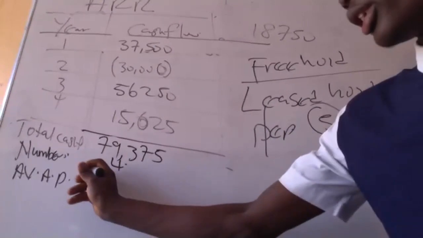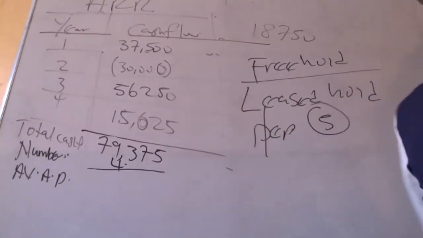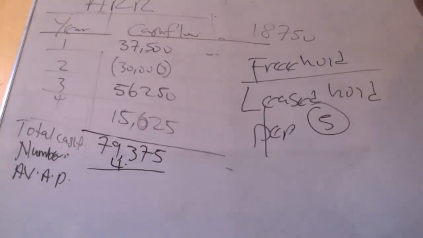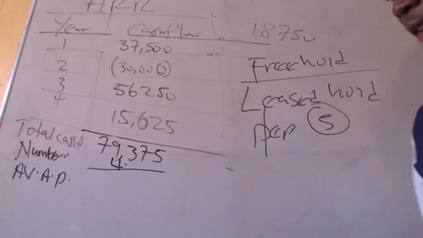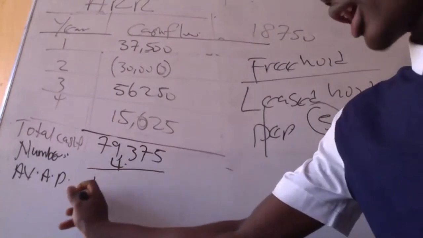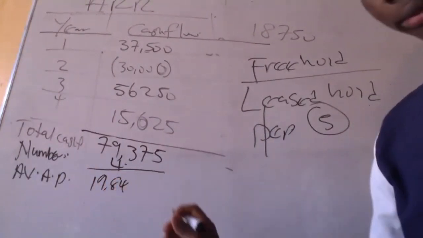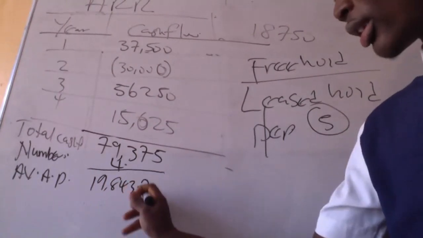So the average will be, can you give me figures? 79,375 divided by 4. Good. 19,843.75.